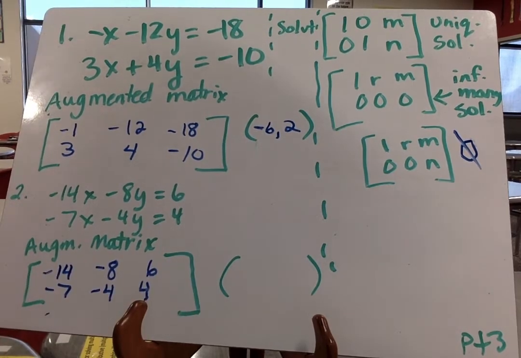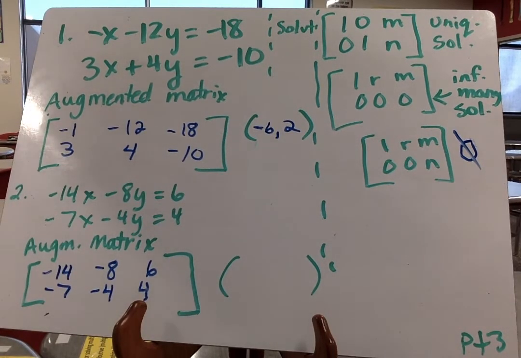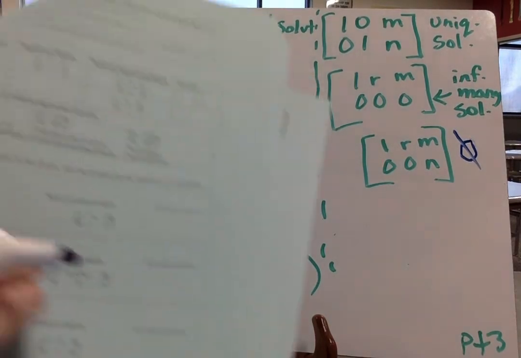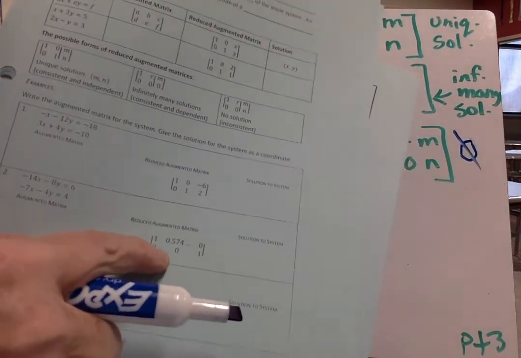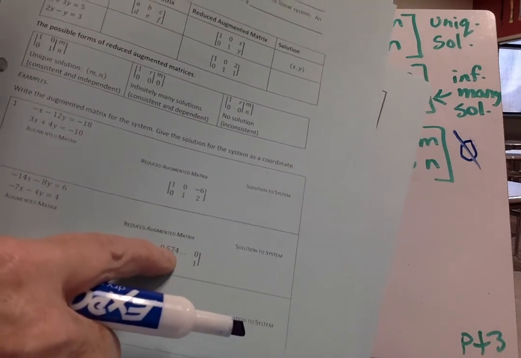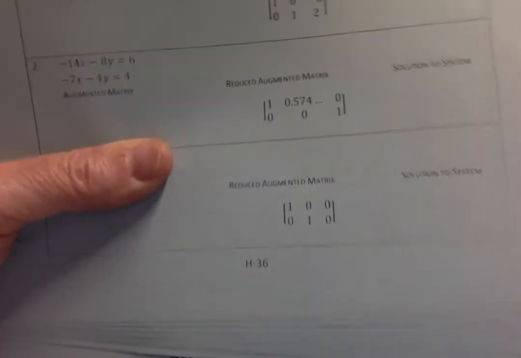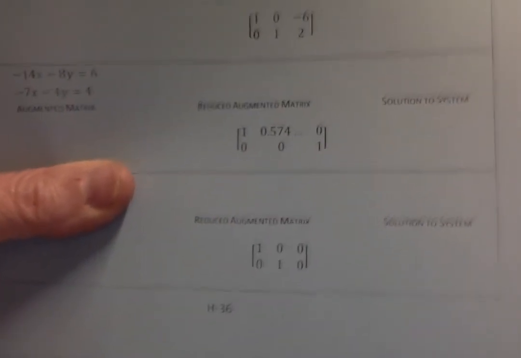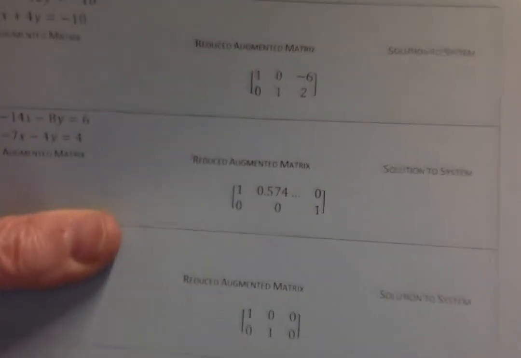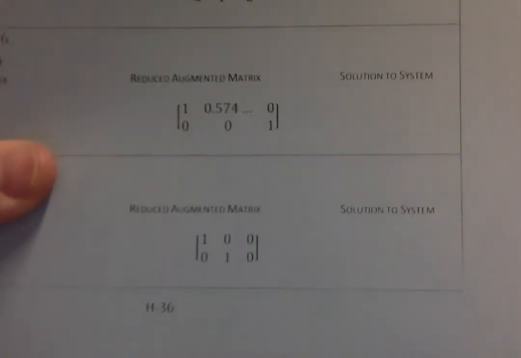Now, it's actually doing most of the work for you. Right here, we have 0, 0, and a 1, and a 1, and a weird number, and 0. So what do we do with that? Do you see where I'm talking about? That's the reduced augmented matrix for number 2.